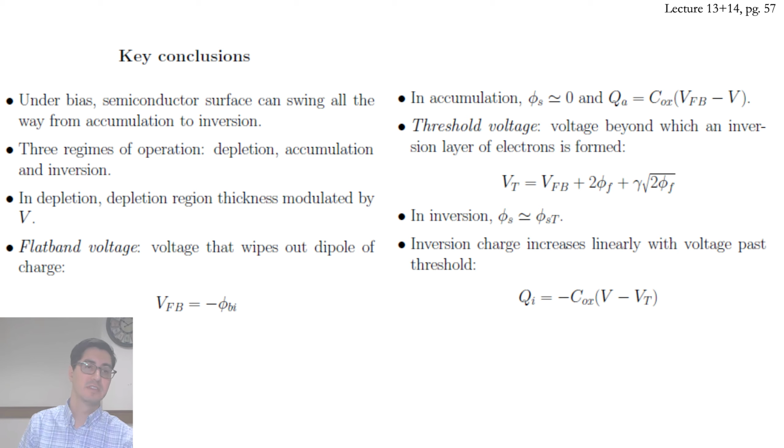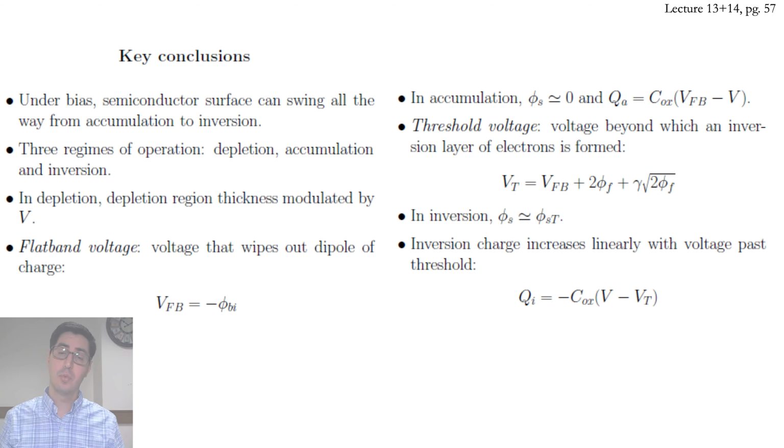So that brings us to the conclusion. What we see that's special in our MOS case is that we can go to different regimes. We assume that we start off in depletion, and as we apply more positive bias, we increase our depletion width until we get to this special situation called threshold, and then after threshold we get electron inversion at the surface.